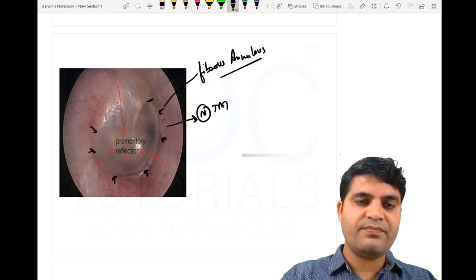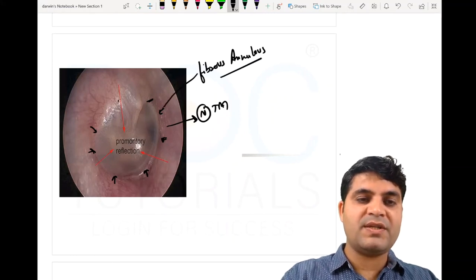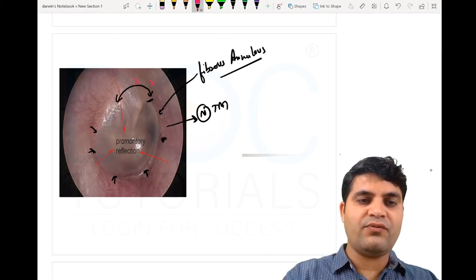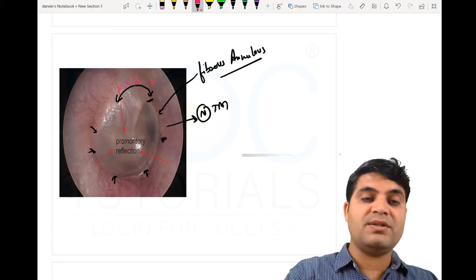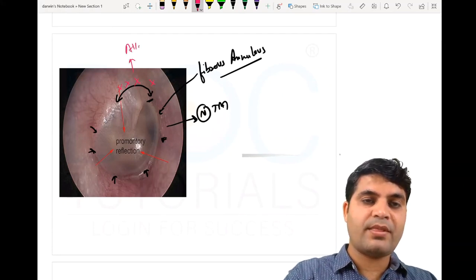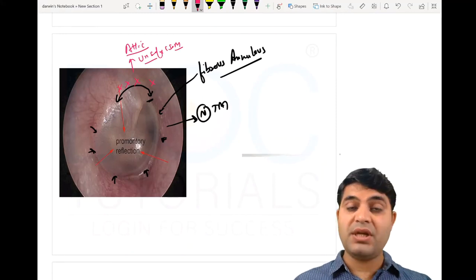You can see, and this is dehiscent in attic. So in attic there is no fibrous annulus, and this region is known as unsafe CSOM. So this is attic and this is known as unsafe chronic suppurative otitis media.